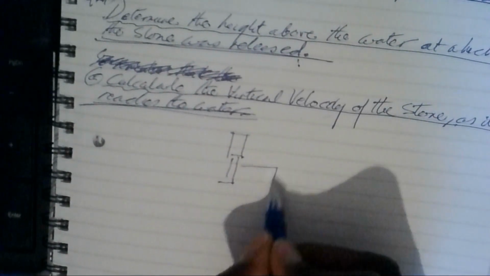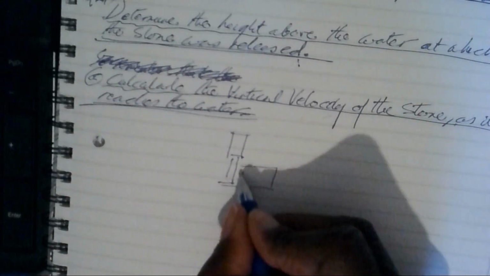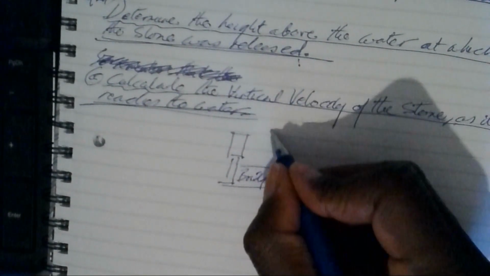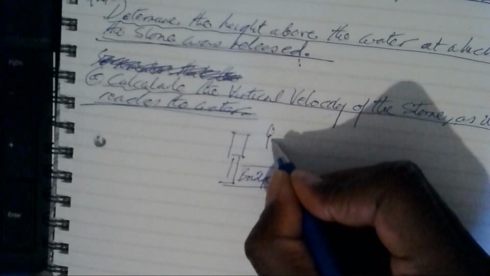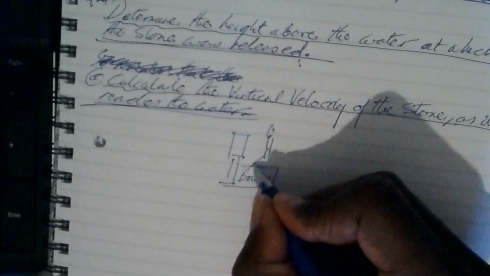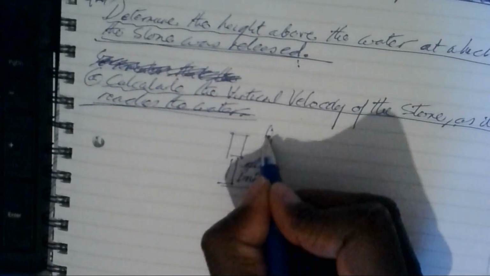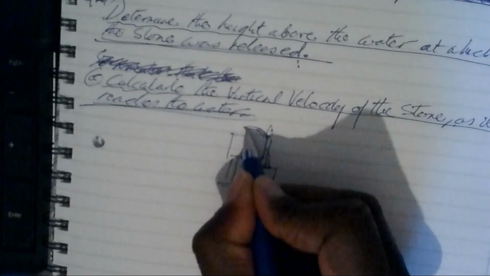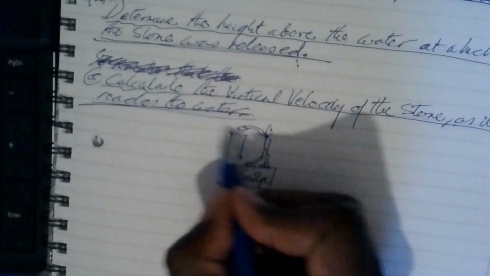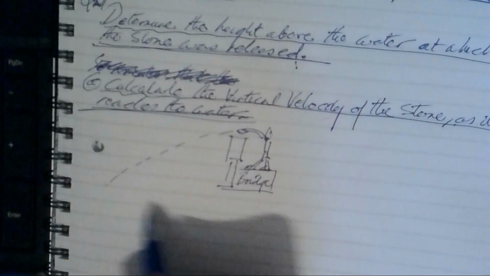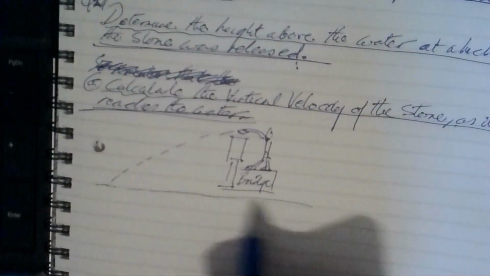A bridge, where the person is standing, and a person throwing the stone off. Then the trajectory of the stone, beside the bridge.